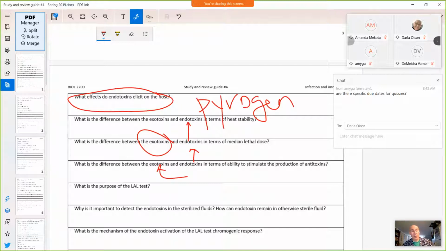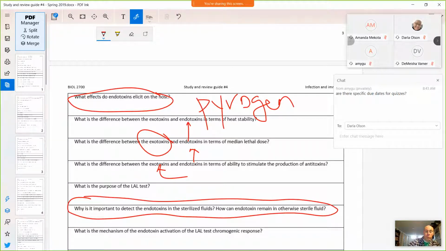So if you take an exotoxin and inject it, the patient will produce antibodies against it. Now here is why it is important to detect endotoxins in sterilized fluids. Imagine you have water for injections, and it is absolutely sterile.